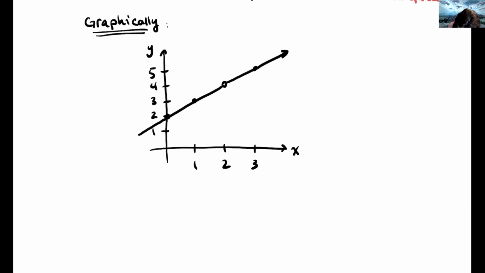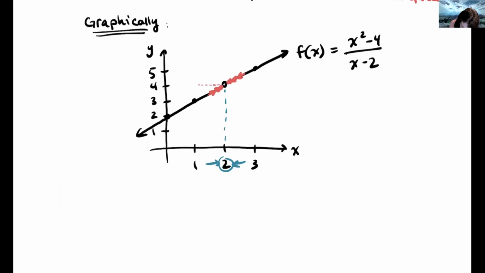So here is the graph of f of x equals x squared minus 4 over x minus 2. And again, you can see, as x is approaching 2, this is where we're honing in. We go from both directions, see what the y values are heading towards, and they're going towards the same place. Even though there's a hole there, the y values are approaching 4.